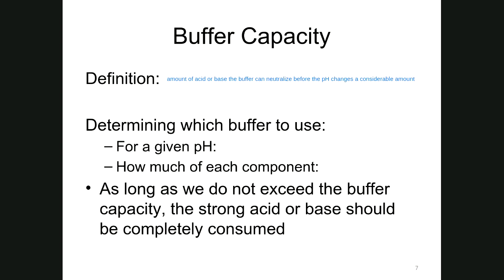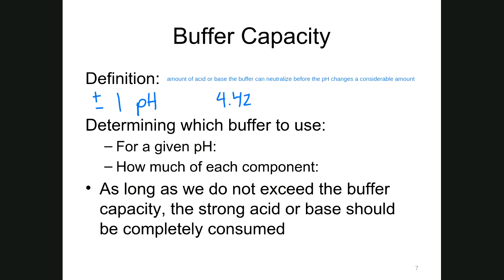So what is considered a considerable amount? That just sounds like a very relative term. Well, buffer capacity is usually plus or minus 1 pH from the pH of the buffer. So we saw in an earlier problem, we practiced with benzoic acid, and the pH of that buffer was 4.42.